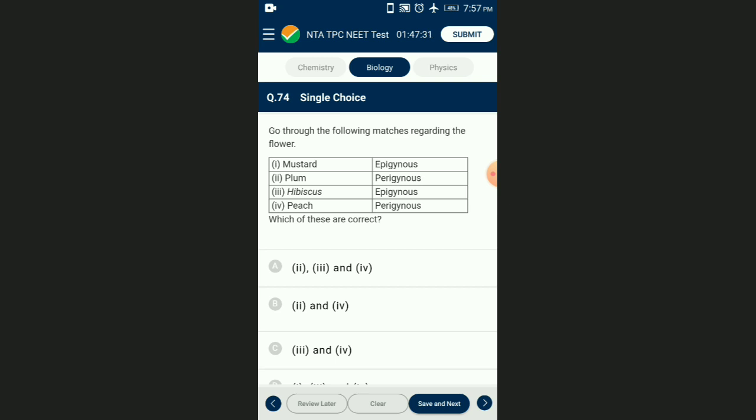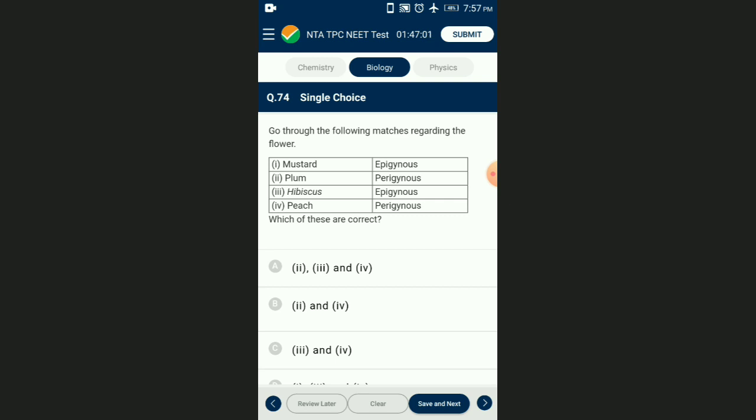When the sepals, petals, and stamens are combined at the base to form a cup-shaped structure called the hypanthium inserted beneath the ovary, it is said to be perigynous. The ovary in this case is superior, example cherry. When sepals, petals, and stamens arise from the top of the ovary or from the hypanthium that is inserted above the ovary, it is known as epigynous.